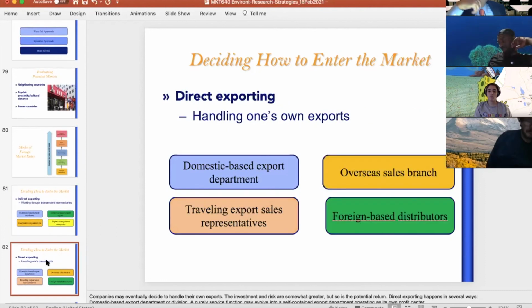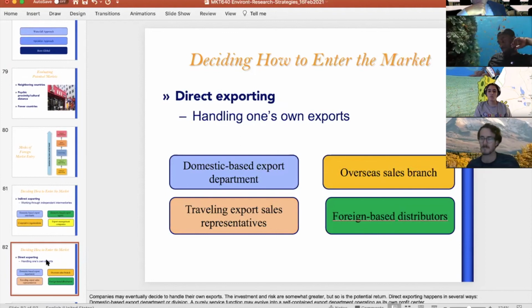So direct exporting is when you decide to have maybe one of your employees, who will be hired, go into that market. They come and work in the US for a while, and then when you think it's the right time, you send them to Germany, and then they represent you there. And this person may go back and forth.